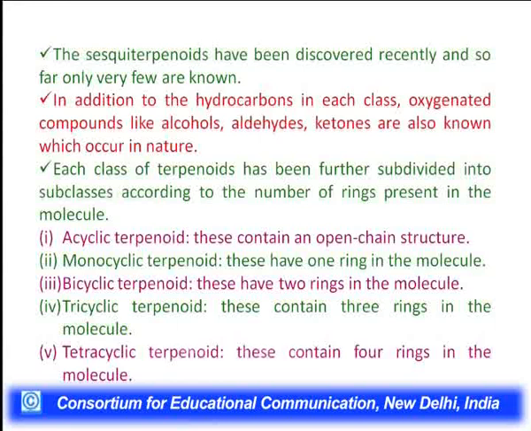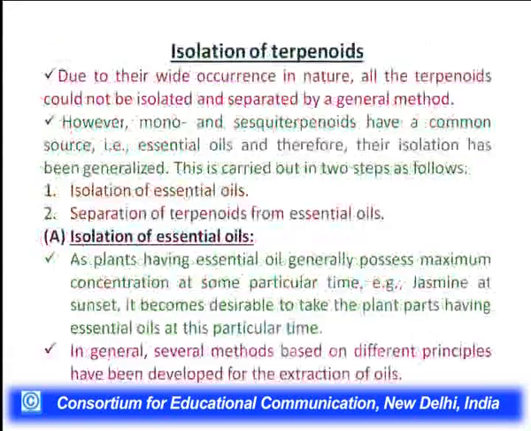If they contain one ring, they will be classified as monocyclic terpenoids. If they contain 2 rings, they will be termed bicyclic terpenoids. If it contains 3 rings, it will be termed tricyclic, and with 4 rings it will be termed tetracyclic terpenoids. So on the basis of the number of rings, we can subclassify these monoterpenoids and sesquiterpenoids into different classes.